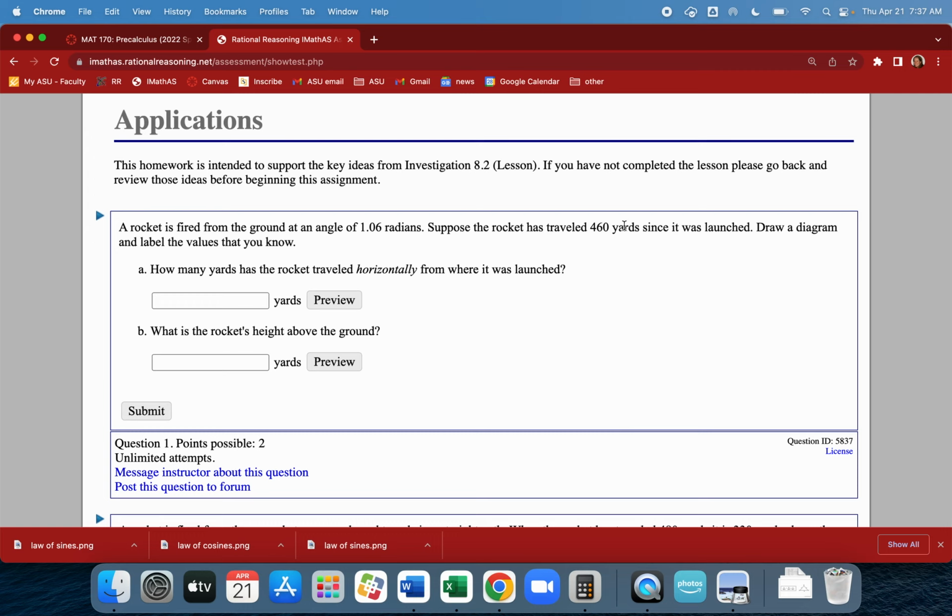If I want to know how far it's traveled horizontally, I'm going to label that x since it's a horizontal distance in my diagram. If I wanted to put this into a circle, I could make this an angle in standard position. So this is along the x-axis, this would be the radius, and so forth.